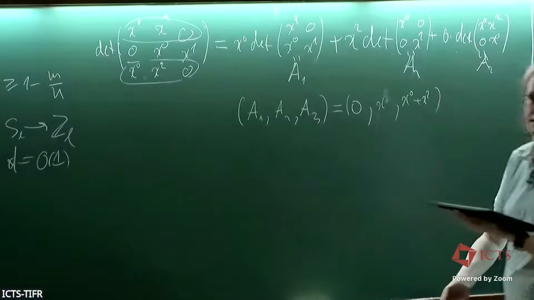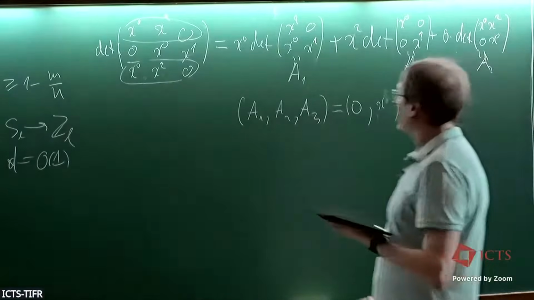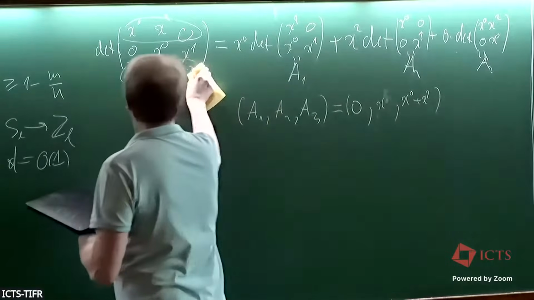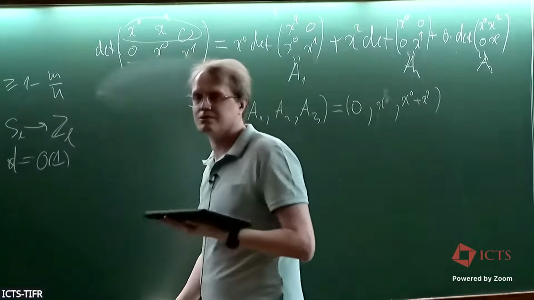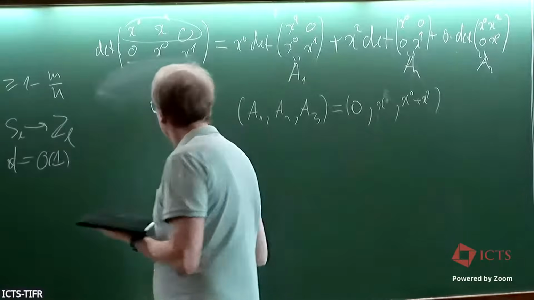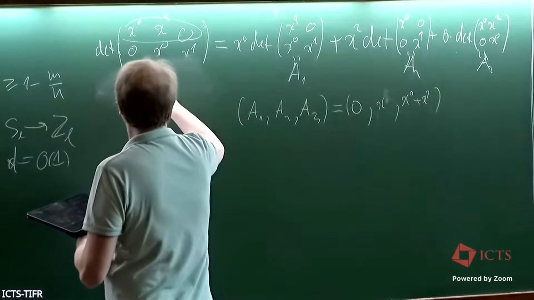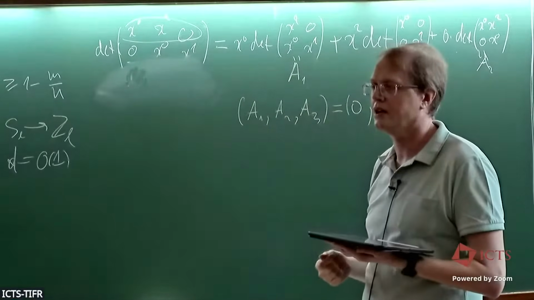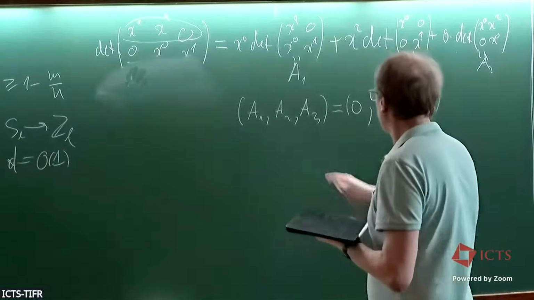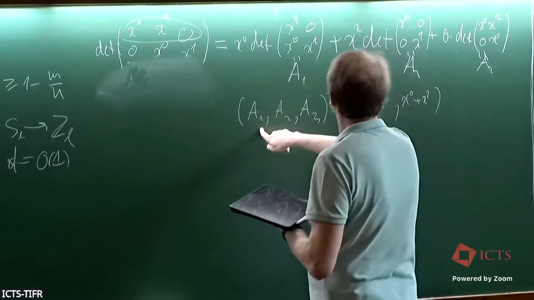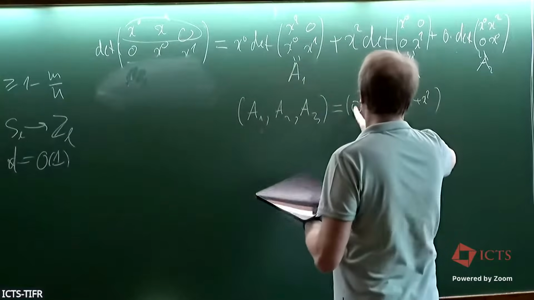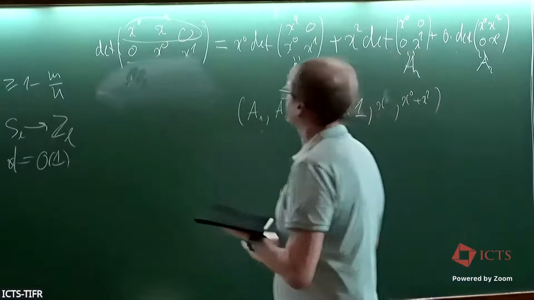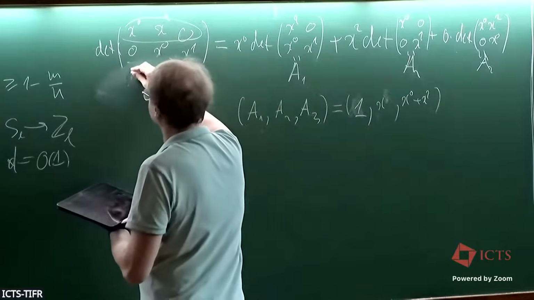Am I right? Okay. Sorry, A1 is, oh okay, sorry, yes, it's 1. Yes, thank you. And now we can also do this trick with the second row.